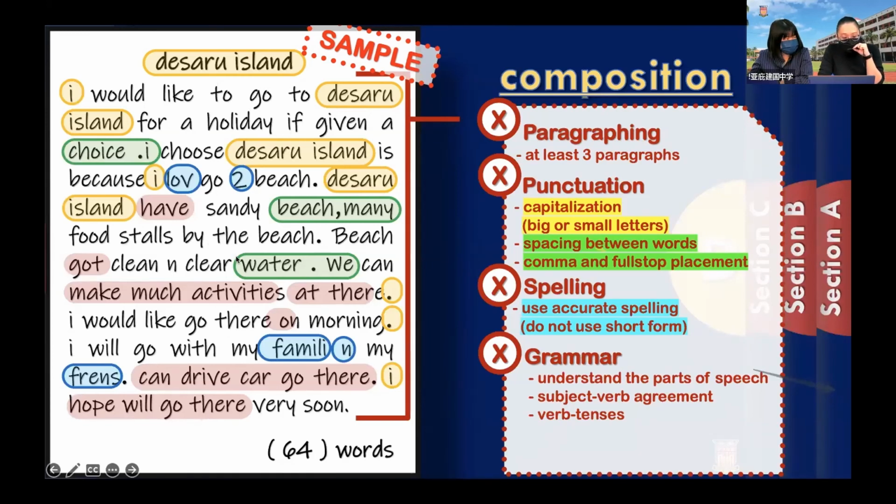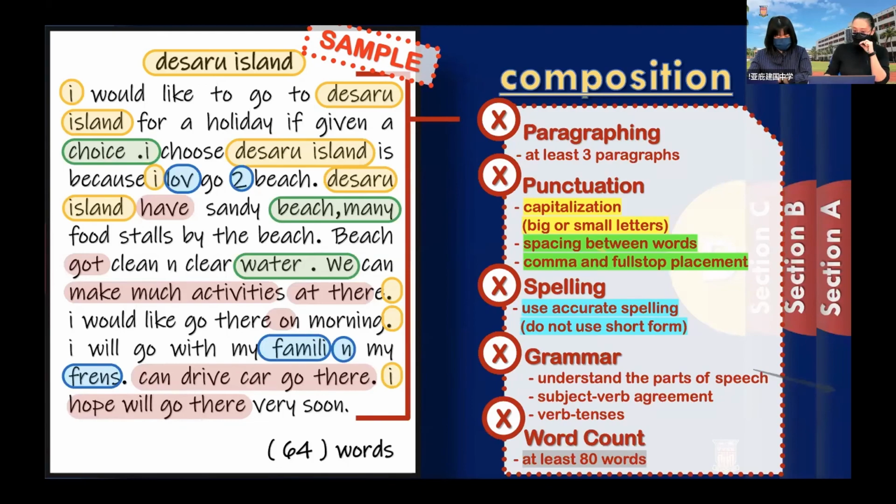Let's see: "Can drive car go there?" It's definitely a direct Chinese translation, and "hope will go there." Please use proper English as much as you can. Next we have the word count, which is not 80 words. It's only 64 words.